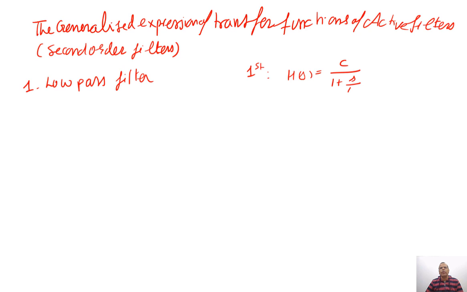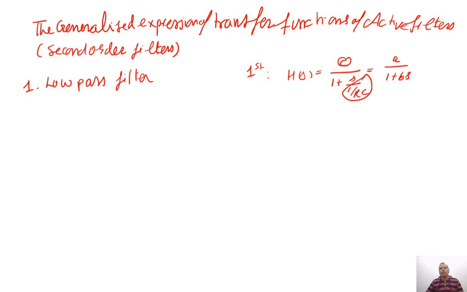So I can write this as some constant in the numerator divided by 1 plus bs, something like this. So this is a first order filter.